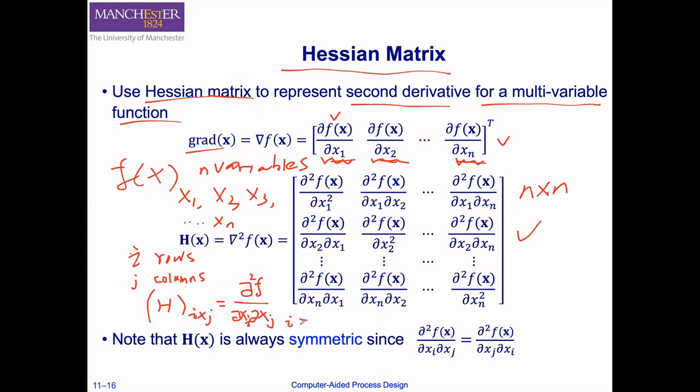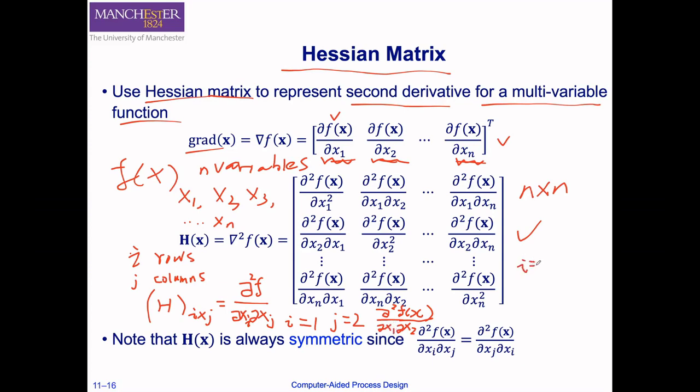When i is equal to 1, j is equal to 2, then we can get the entry in the first row and the second column of this matrix. That is the second partial derivative of f(x) with respect to x2 first and then x1.